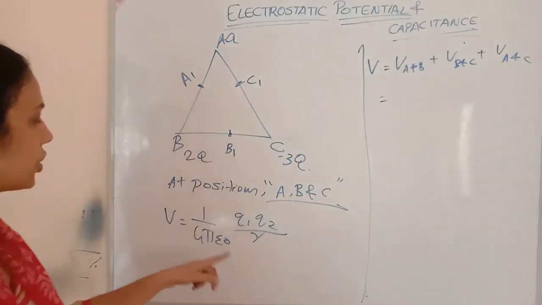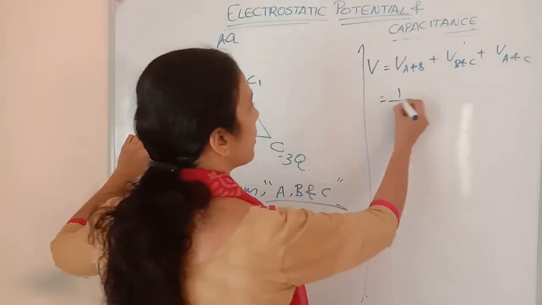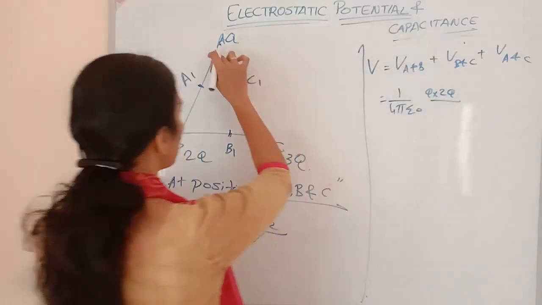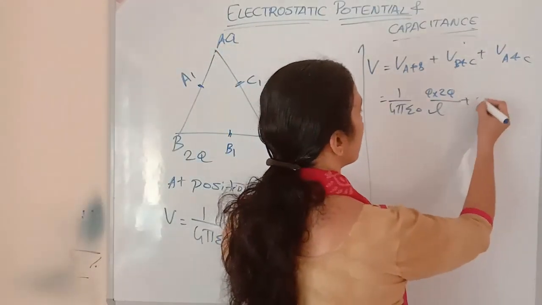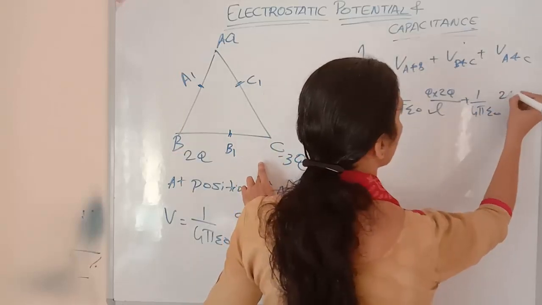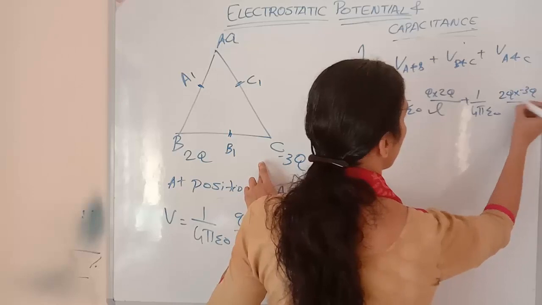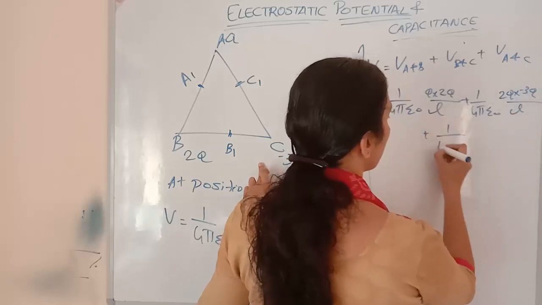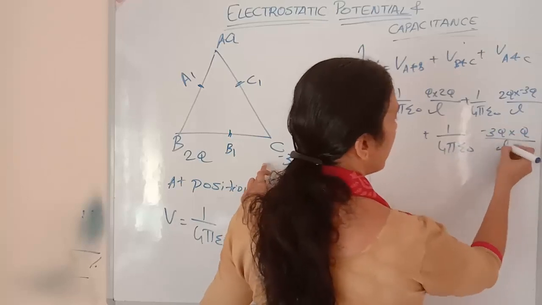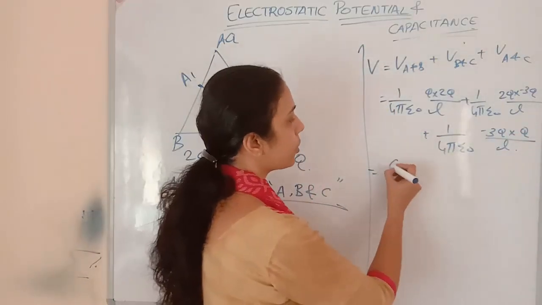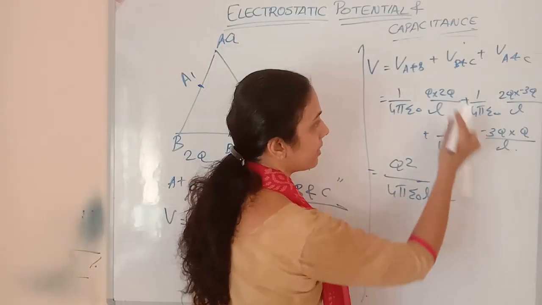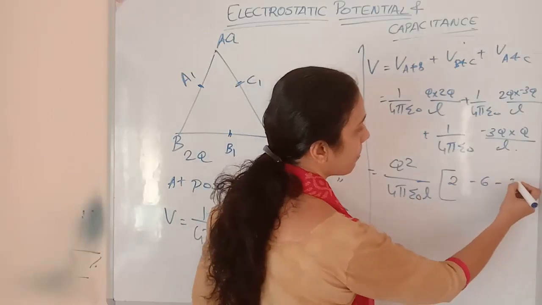So what is the potential energy between A and B? 1 by 4 pi epsilon 0 Q 2Q divided by the distance, L, plus 1 by 4 pi epsilon 0 between B and C, 2Q and -3Q divided by L, plus 1 by 4 pi epsilon 0 -3Q and Q divided by L. Everywhere Q square by 4 pi epsilon 0 L is common, and here 2, -6, -3.